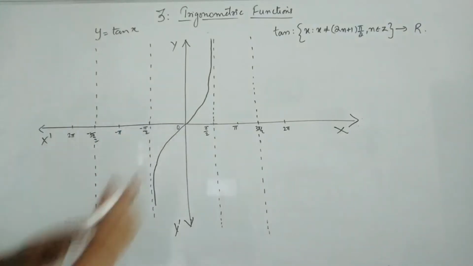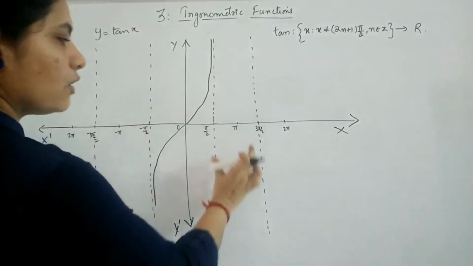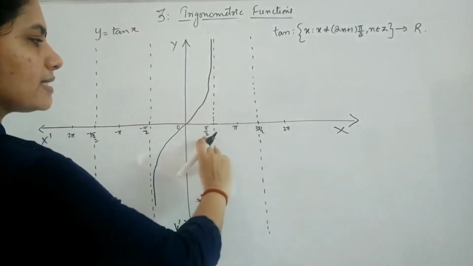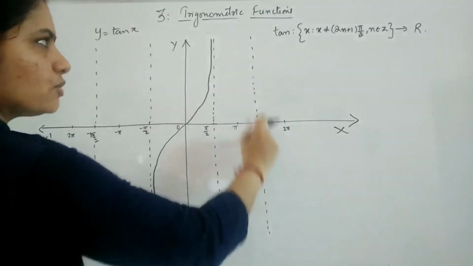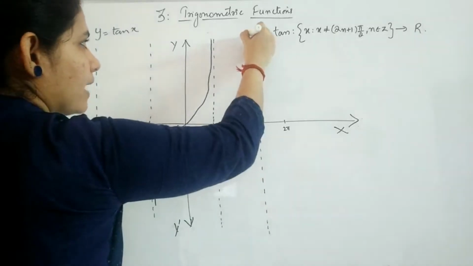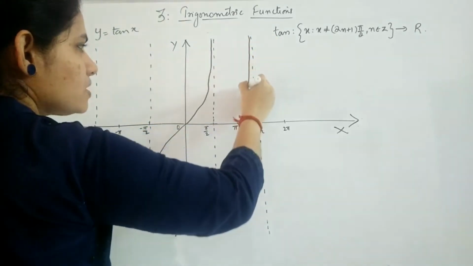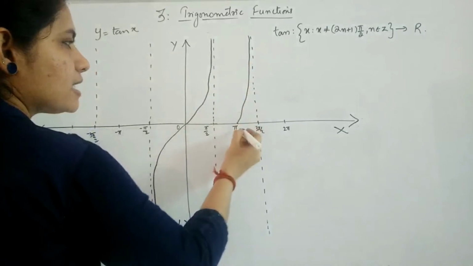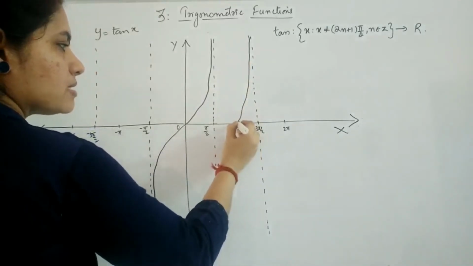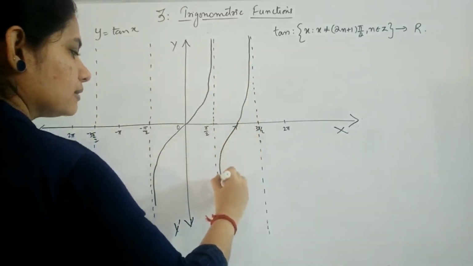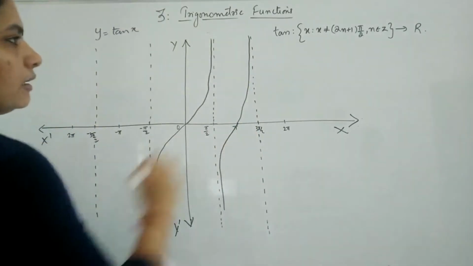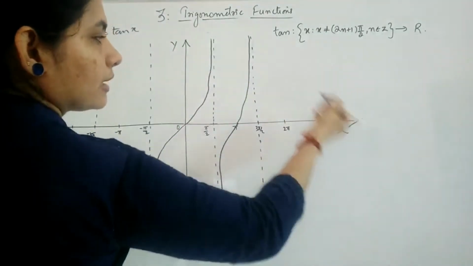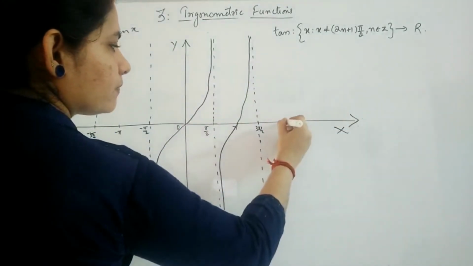Likewise we will have in all those in-between intervals, that is π by 2 to 3π by 2, you will have again the same values repeating there, so that the figure again will touch at π, that is tan π is 0, then it will go like this.